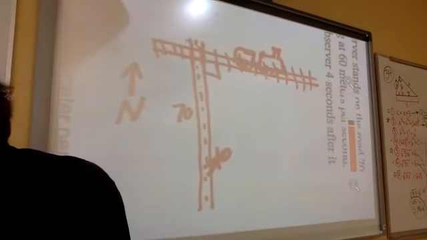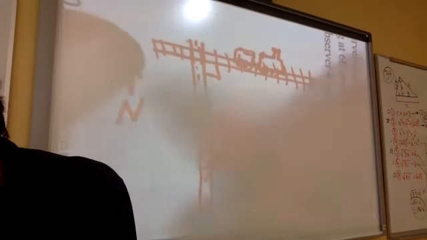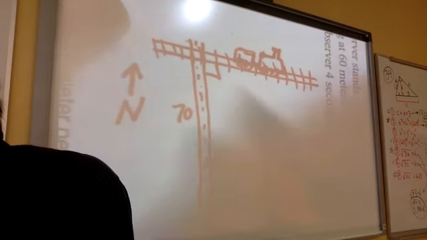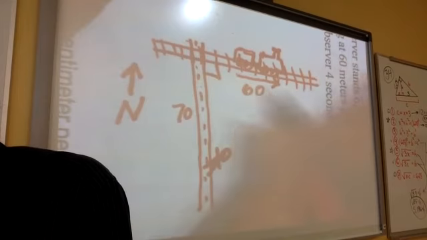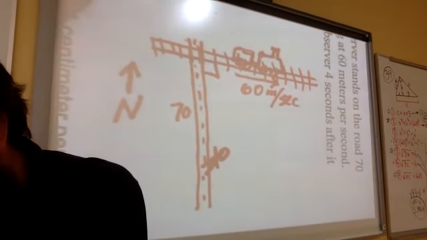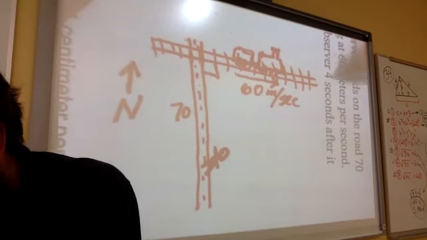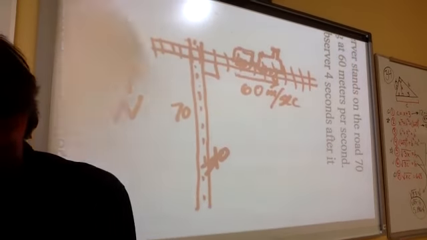Choo-choo train. Okay, back to it: an observer stands on the road 70 meters south of the crossing and watches an eastbound train traveling at 60 meters per second. How many meters per second is the train moving away from the observer 4 seconds after it passes through the intersection?